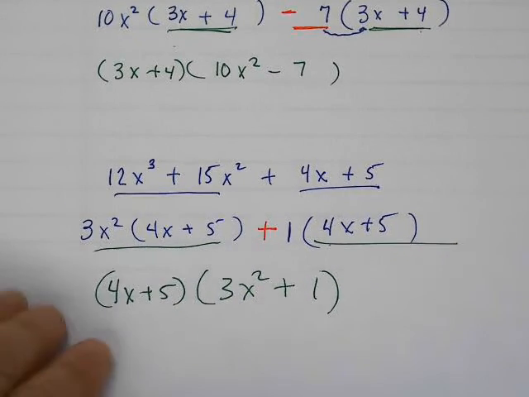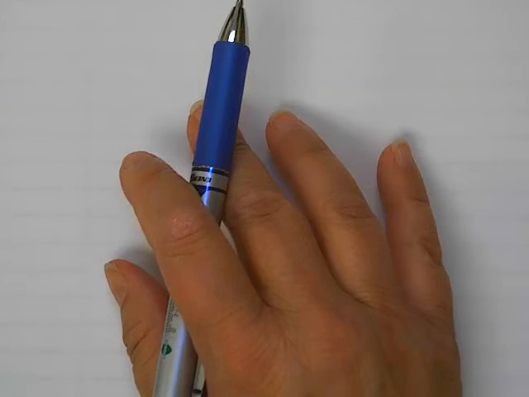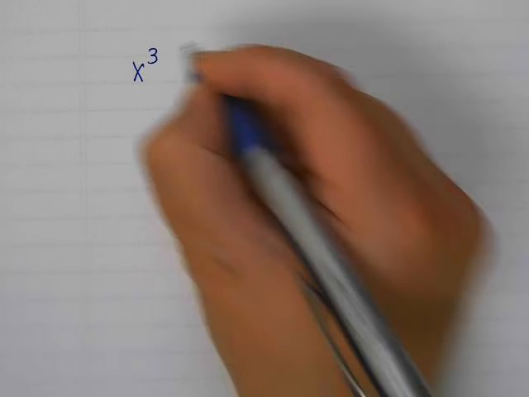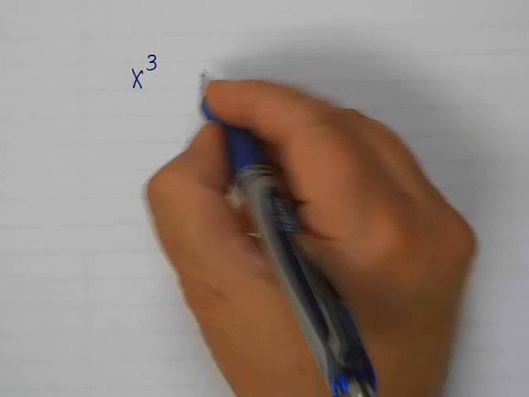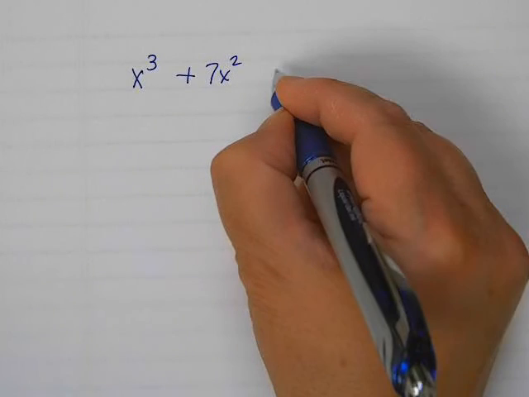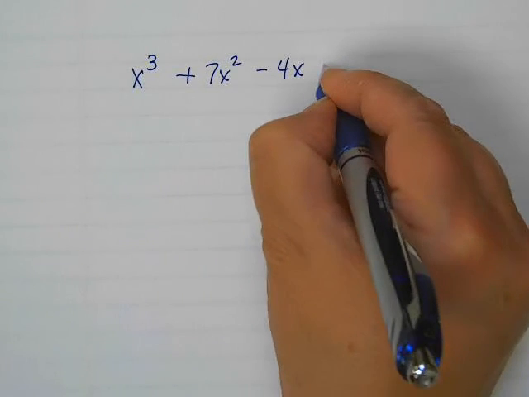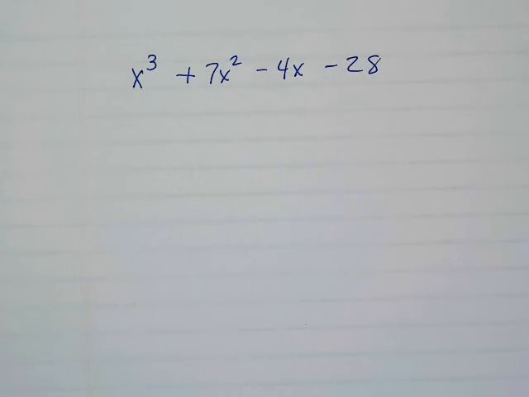Do one more. Again, why don't you copy this one down as I'm writing it, and then you try it. So try this one. X to the third plus 7x squared minus 4x minus 28. Pause the video, try it yourself.